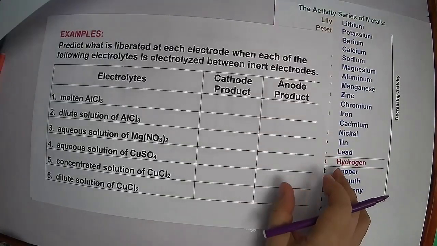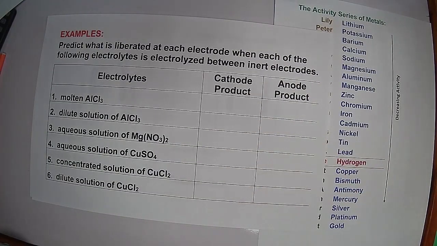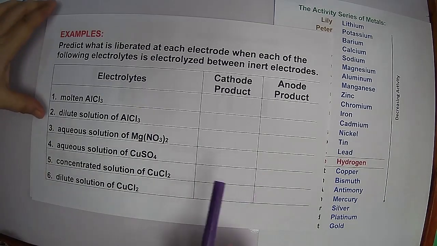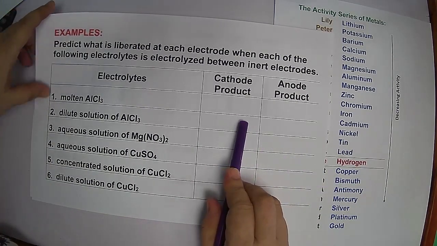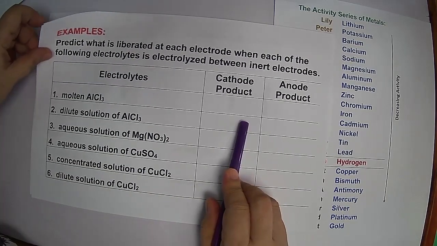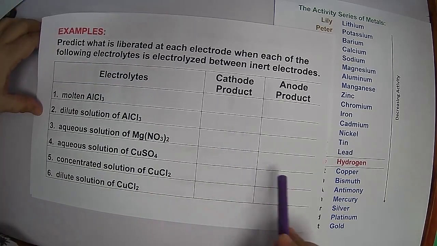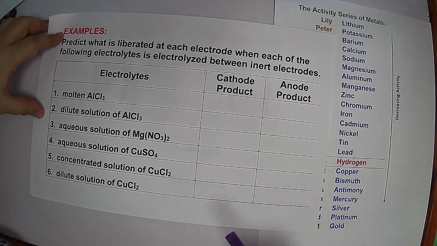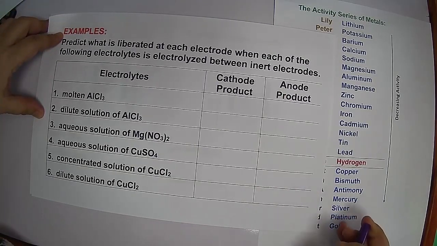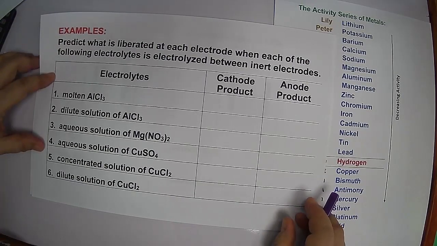Okay, let us have an example to further illustrate how to predict the electrode product. We're asked to predict what is liberated at each electrode when each of the following electrolytes is electrolyzed between inert electrodes. The inert electrode here is again platinum.